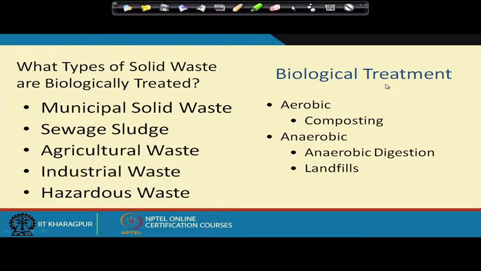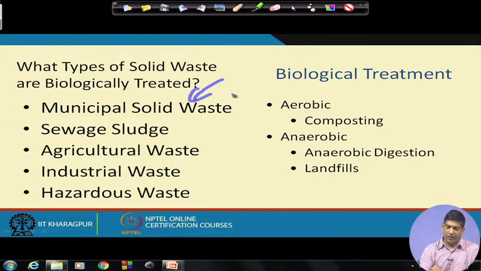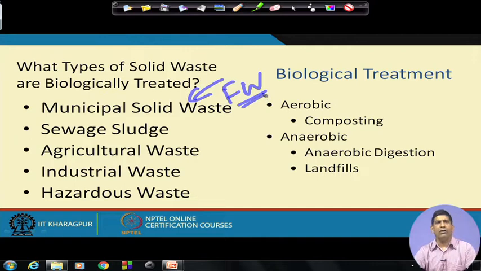So, what type of solid waste is biologically treated? Municipal solid waste, MSW, and especially among this MSW these days, food waste. Throughout the world, there is a push to collect food waste separately and do biological treatment, and composting is popular. Especially in semi-urban or rural areas, composting is great.